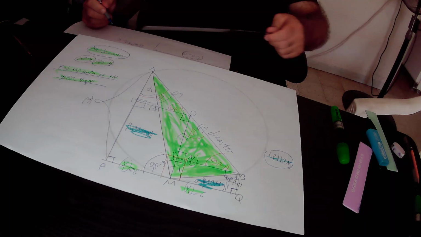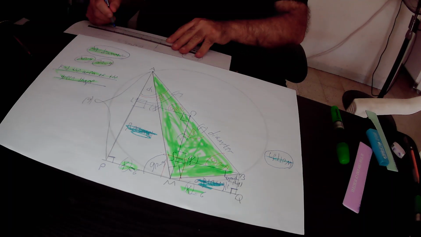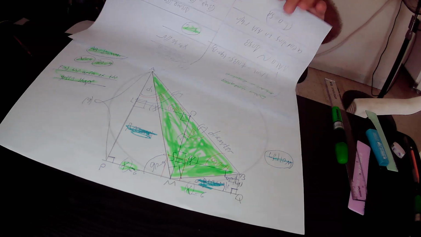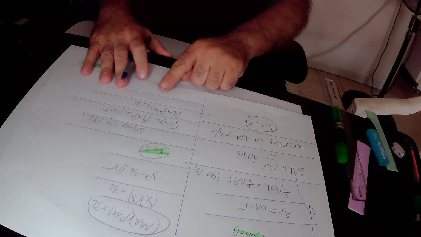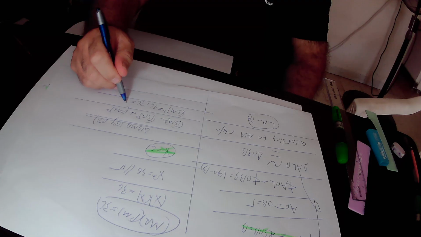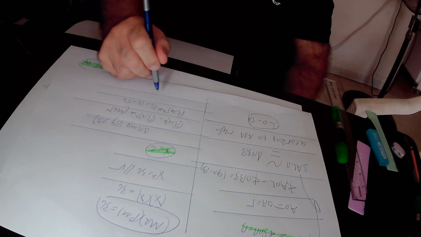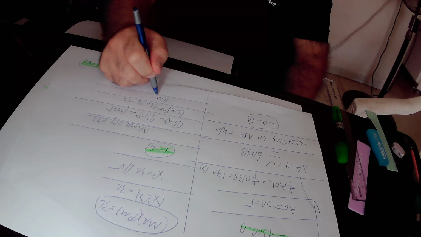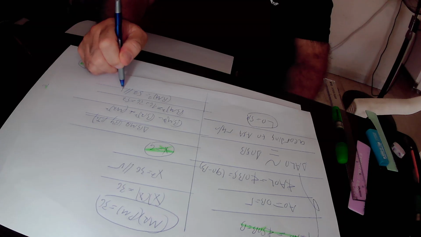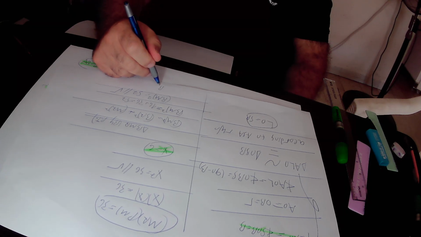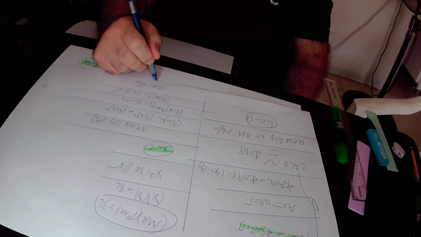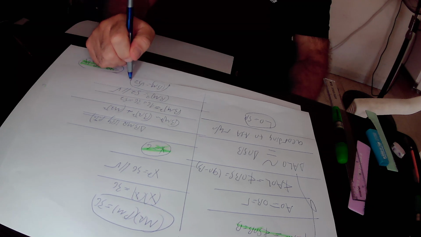So BM squared equals 16 plus 36. 16 plus 36 is 52. So BM squared equals 52. Here we take the square root of this equation. We get that BM equals the square root of 52 units in length.